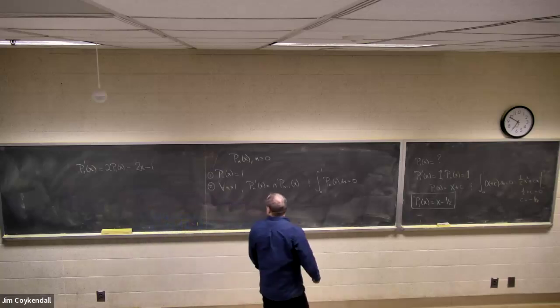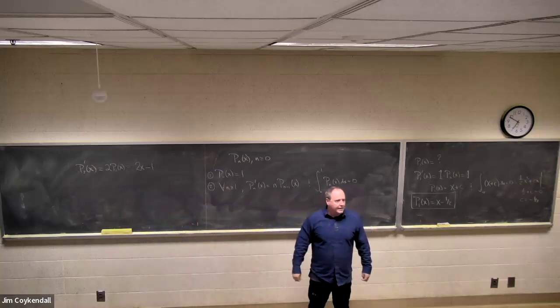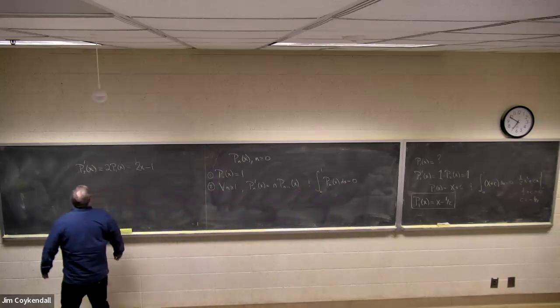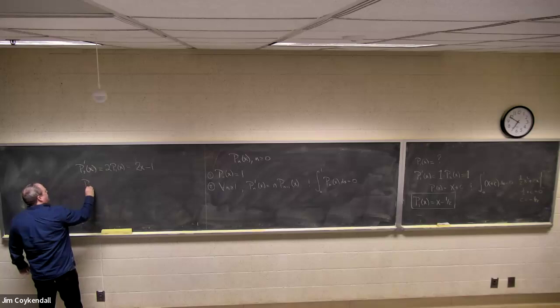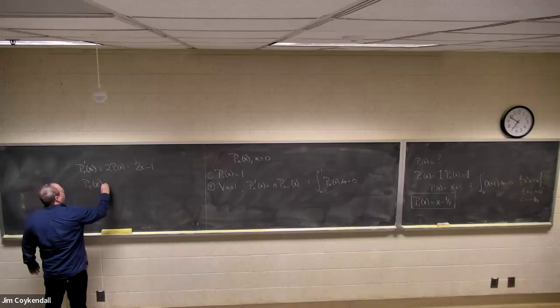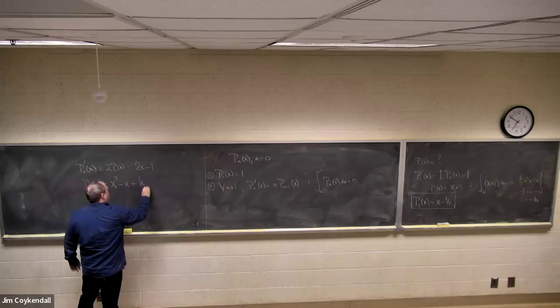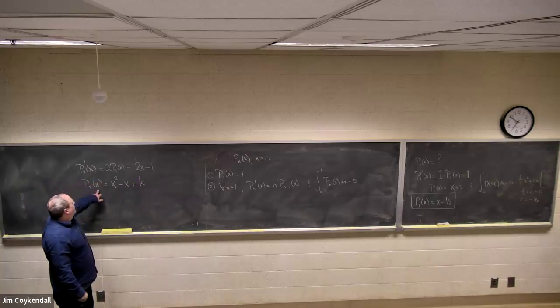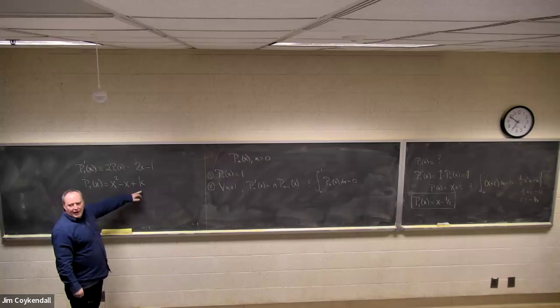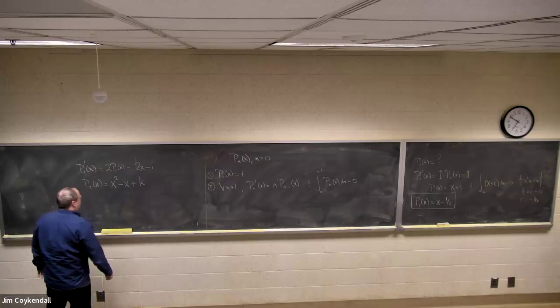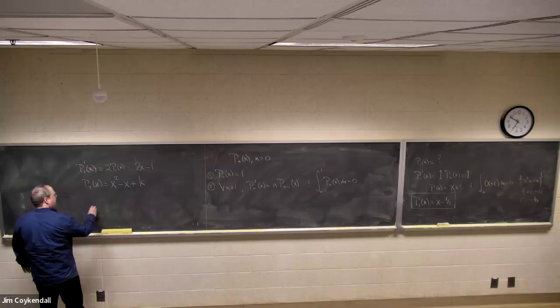Do I agree with that? Now we're going to integrate this. So now P2 of X should be this parabola, and I've got to figure out what the constant is.